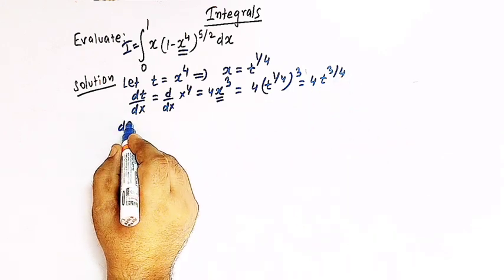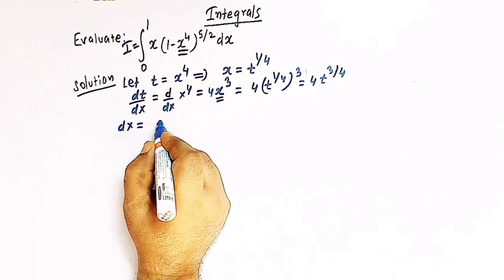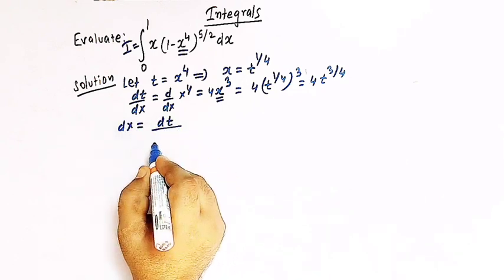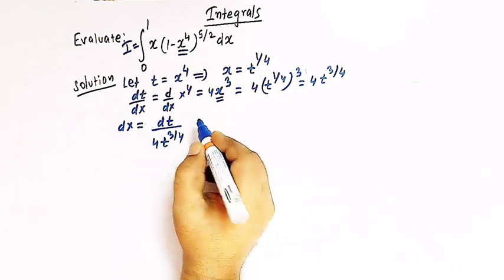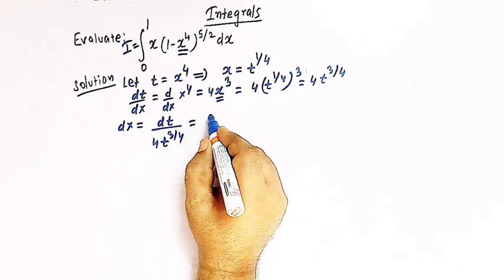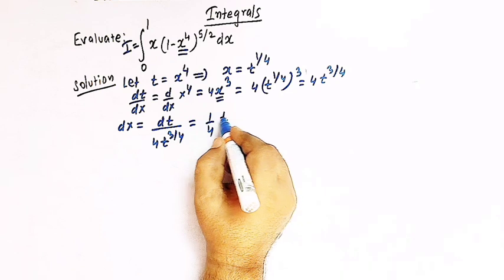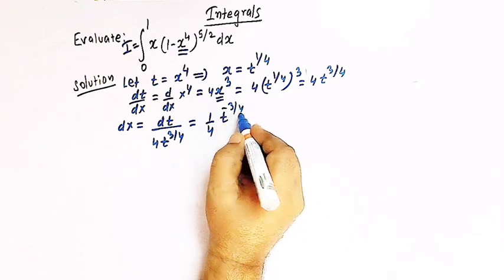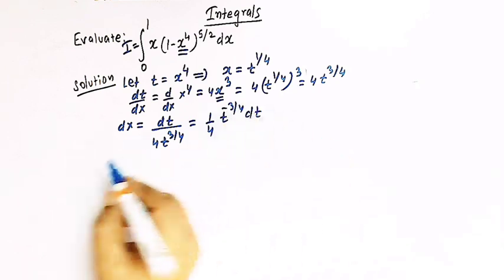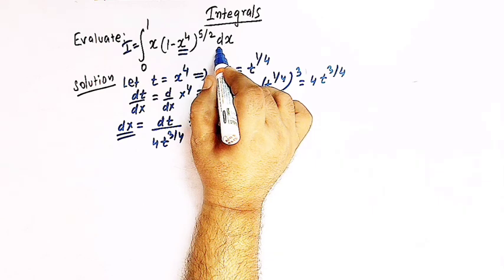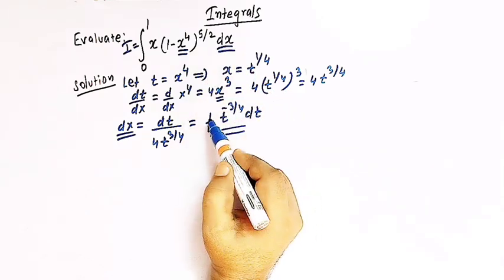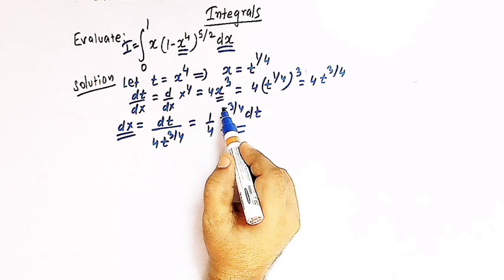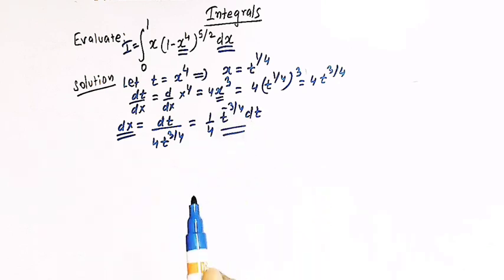Now dx can be written as dt over 4 times t raised to 3 by 4, which is equal to 1 by 4 t raised to minus 3 by 4 dt.